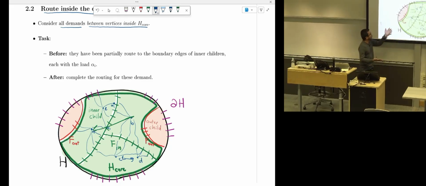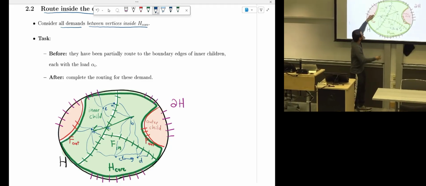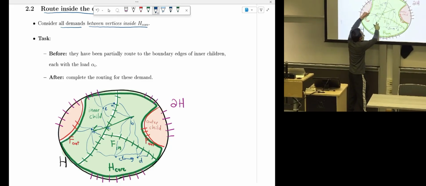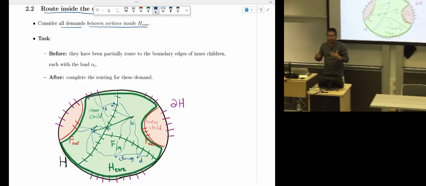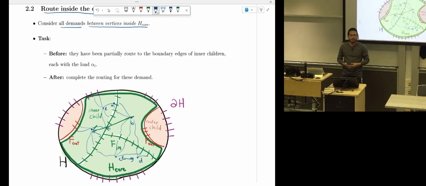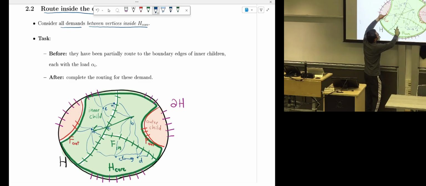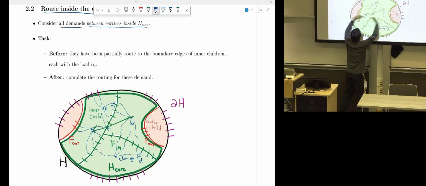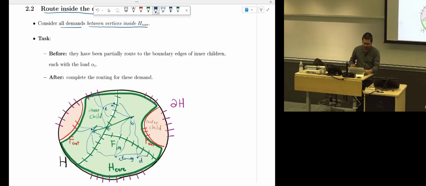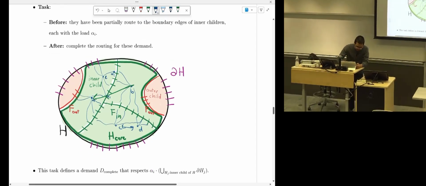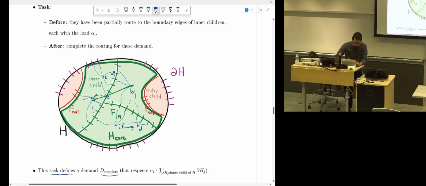Basically connect from the battery here and try to connect them. That defines the demand inside the core, which is: at this endpoint, maybe we try to connect to this endpoint. That's just some demand between the batteries. So this task defines one demand.